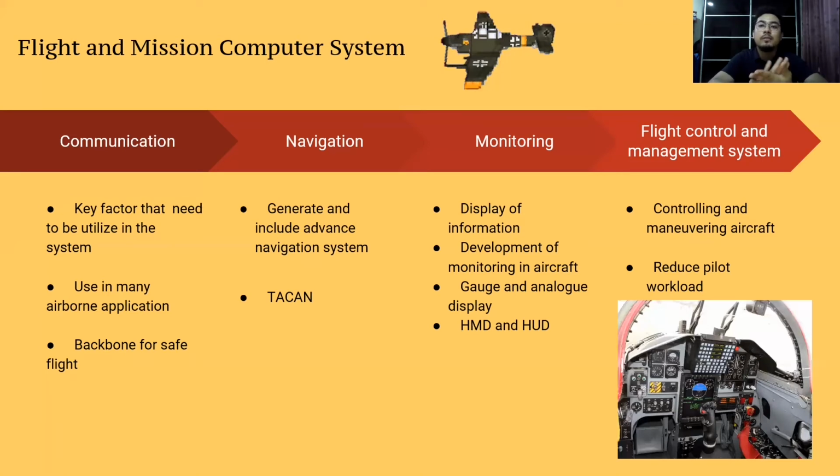We have this advanced automatic system where the flight movements are converted into electronic signals. It helps to control the movement of the aircraft. It helps the flight to be more efficient, and it also reduces the pilot workload. For more in-depth information on how the flight and mission computer system works, my friend will be explaining to you. Thank you.